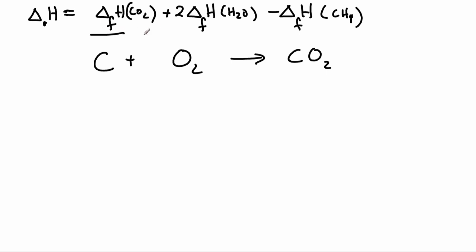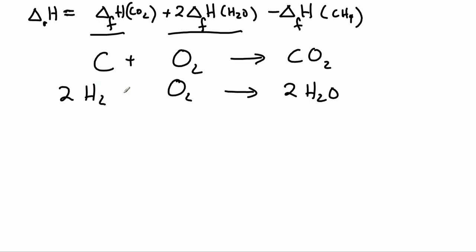We've done this one. And now we need 2 heats of formation reactions of making water. So we're going to make 2 moles of water because it's 2 heats of formation. And we just multiply the heat of formation reaction by 2. So instead of half a mole of oxygen, we need a whole mole of oxygen. And instead of 1 H2, we need 2 H2s.